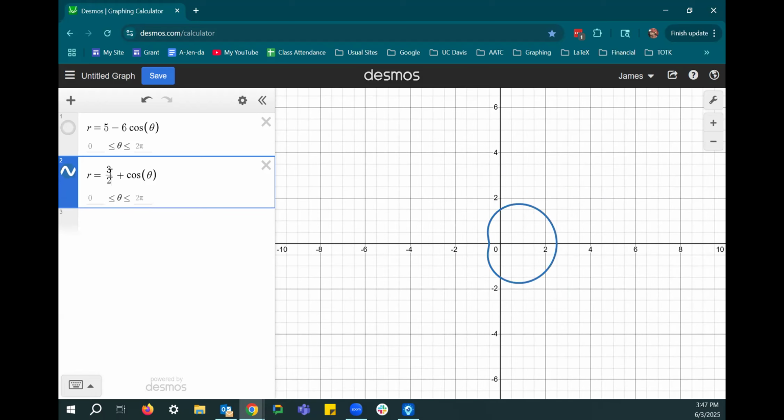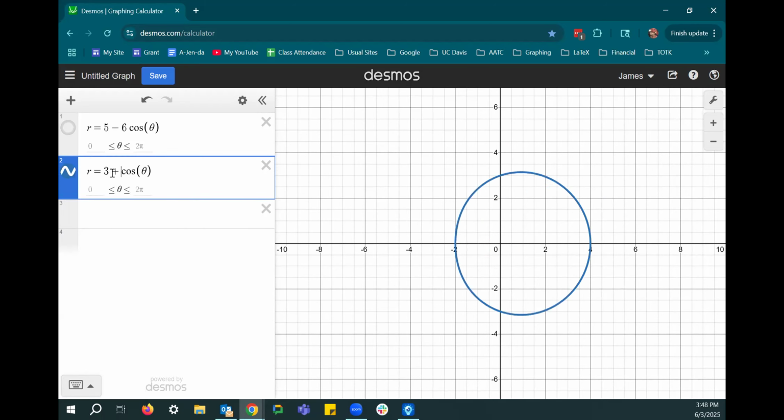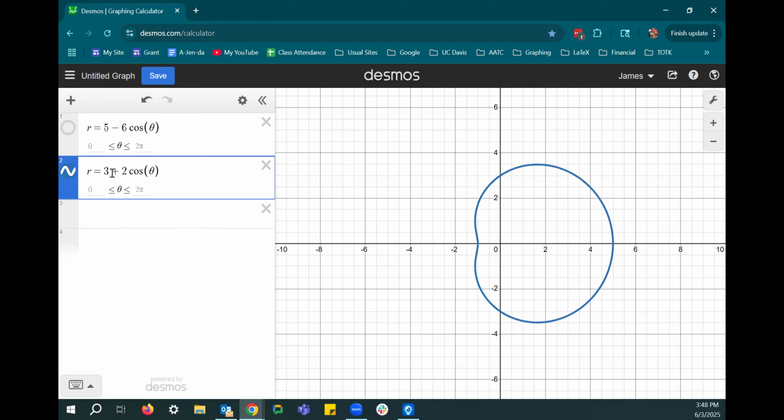I'm pretty sure the threshold here is if this number is twice as big as the coefficient there, then that's the threshold of where it's dimpled versus ovalish. If I multiply everything by 2, so r equal to 3 plus 2 cosine theta, should get the same thing really, just stretched. As long as this number is bigger than that number, I'm pretty sure you get a dimple.